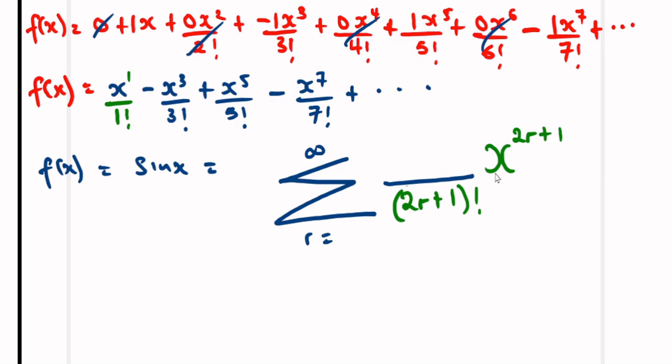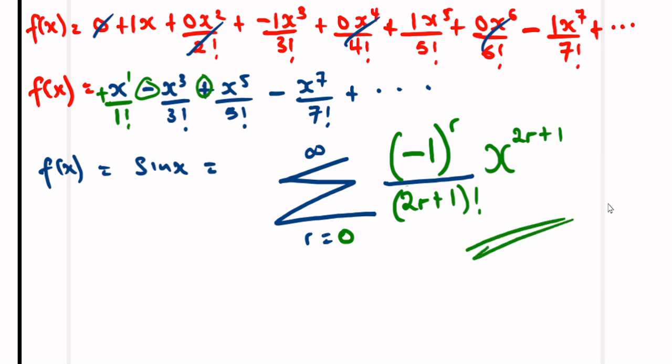Just like we did with the other one, the first one is positive, the next one is negative, the third one is positive, then negative. So I think this should be minus 1 raised to power r. So r is definitely going from 0, as we saw with the sequence. If r is 0, minus 1 raised to power 0 gives us a plus sign. If r is 1, minus 1 raised to power 1 gives us a negative sign. If r is 2, minus 1 raised to power 2 gives us a positive sign. So we can see this actually works.